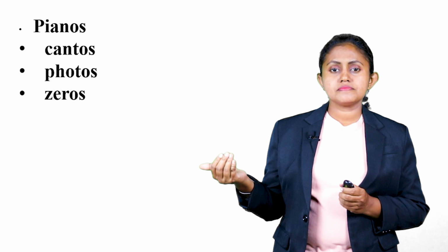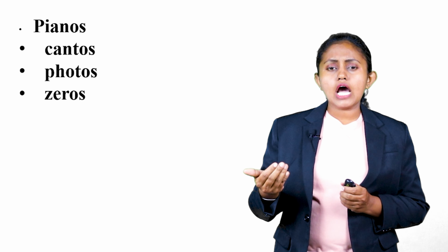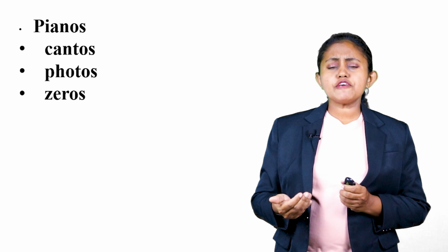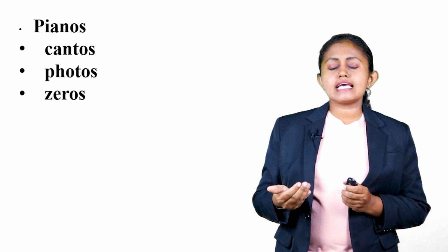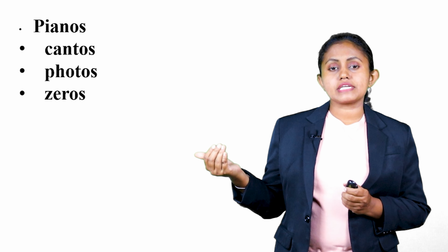In this noun also, you can't add es and you have to add only s. Next example is photo. If you want to create the plural of photo, you can add only s. If you add es at the end of the noun photo to make the plural, it's not correct. Right? You have to remember this.